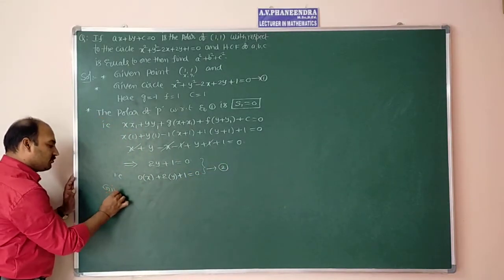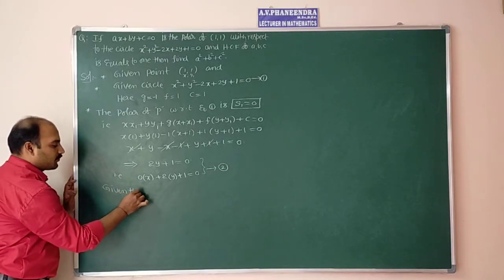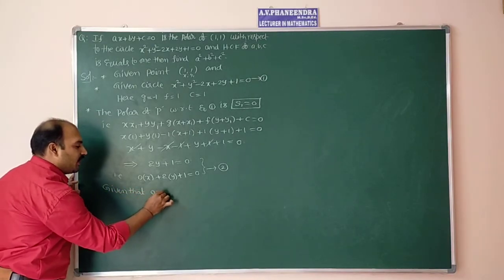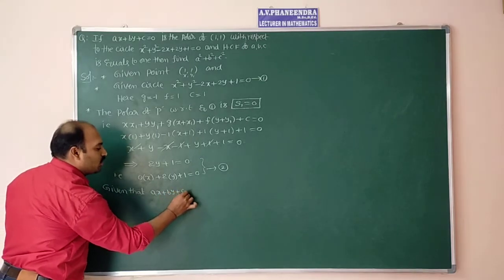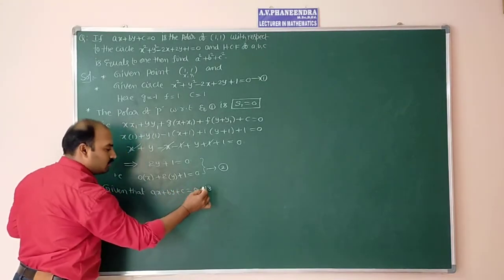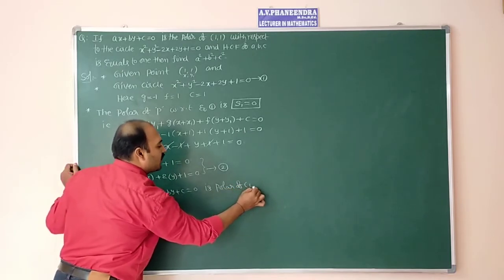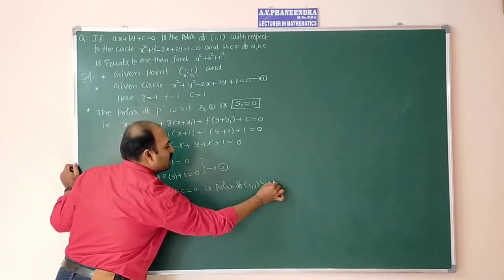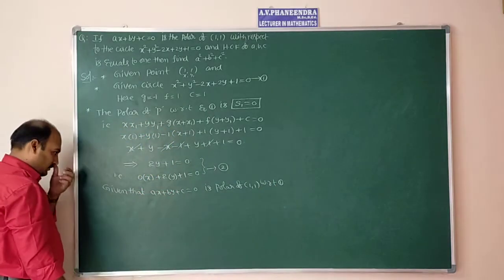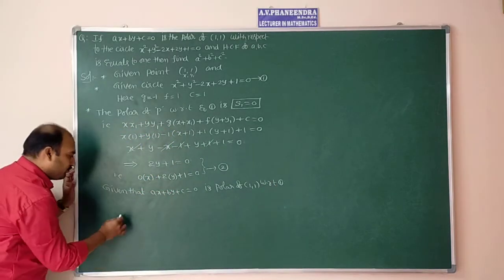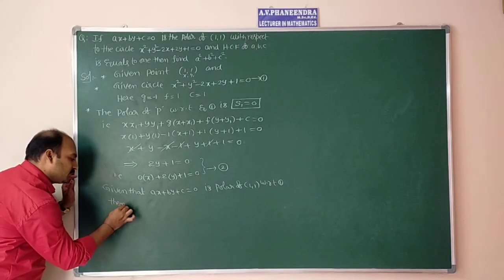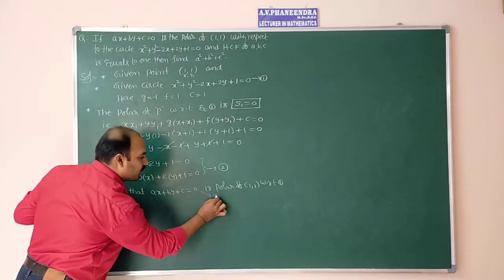Given that ax plus by plus c equal to 0 is the polar of (1, 1) with respect to equation 1, then this equation is 3.